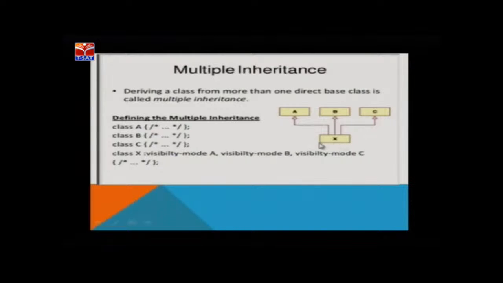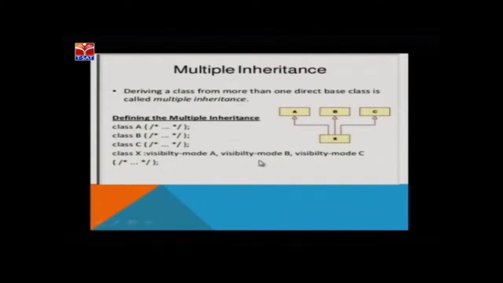Now we have to define the derived class or subclass X. Next, this is the syntax for deriving the derived class in multiple inheritance: class, the derived class name X, colon, visibility mode A, that is base class 1, visibility mode B, that is base class 2, and visibility mode C, this is the third base class.